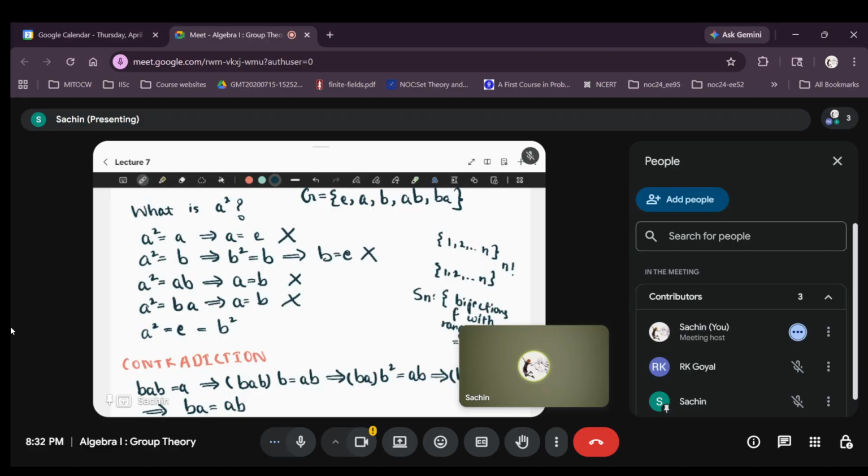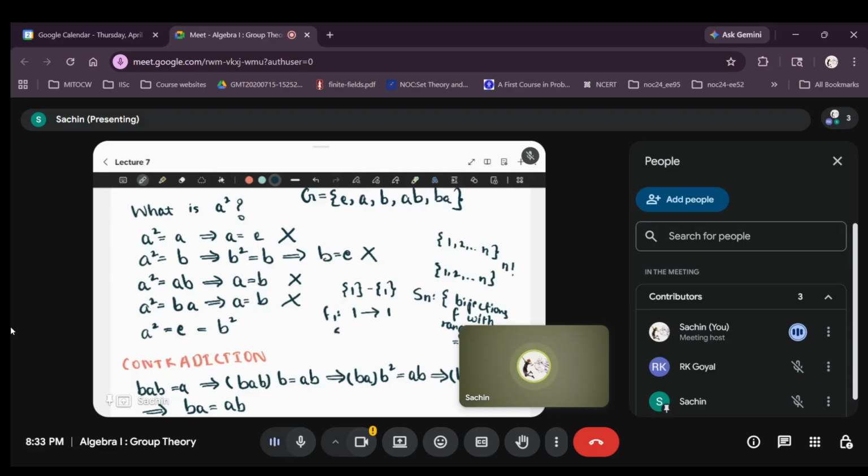That is the set Sn. I showed you an example with n is equal to 3. For n is equal to 1, the domain is 1 and range is 1. So there's just one function, f1, which sends 1 to 1. That is abelian, similar to how we showed that in the case where the order of G was 1. The only element is the identity element. So here f1 is the identity element.